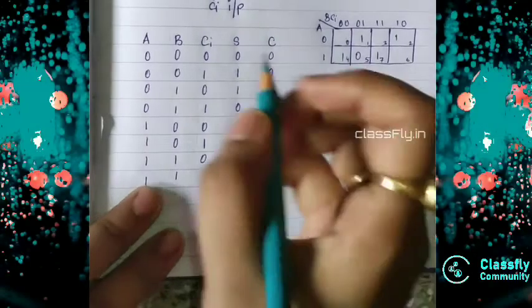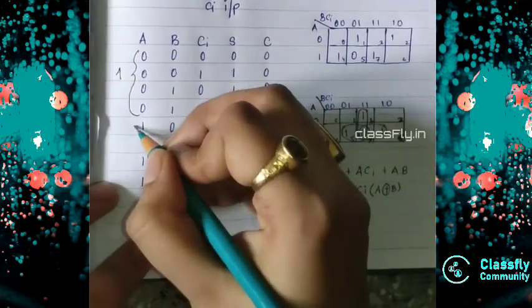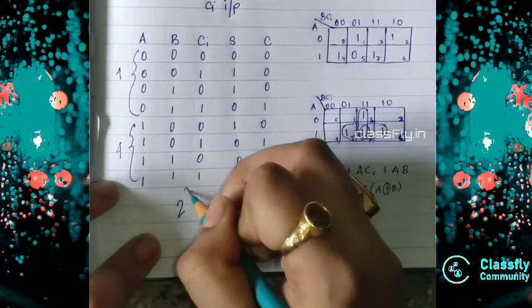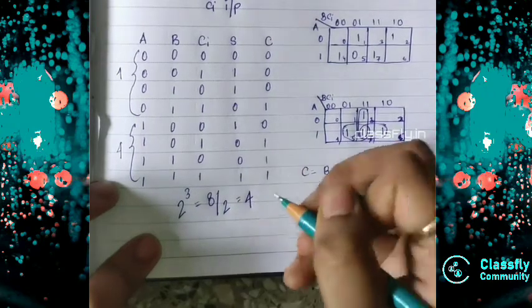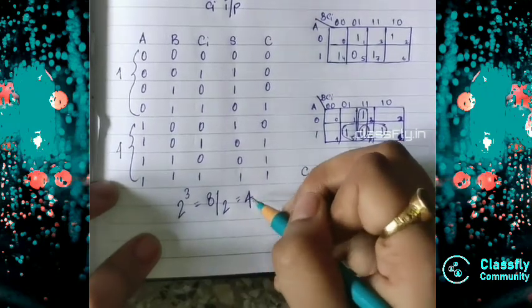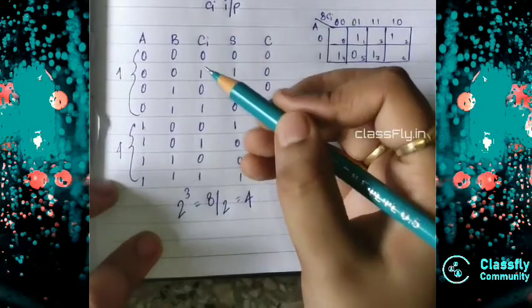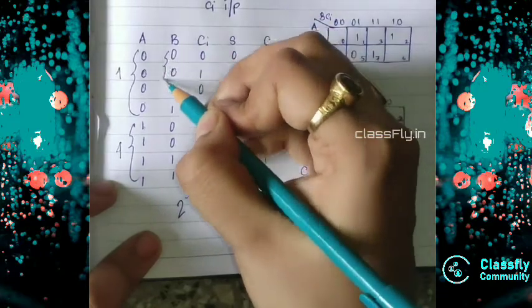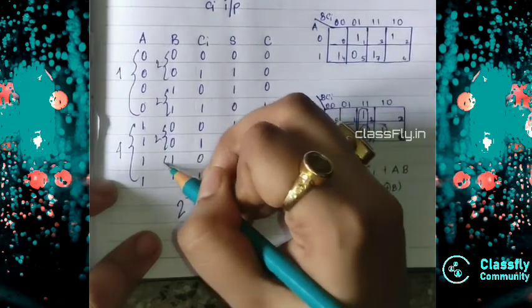As we are taking 3 variables here, our first column will have 4 zeros first and then 4 ones. Why are we doing this? Because we know 2 to the power 3 is 8, and whenever we divide it by 2 we get 4. So in the first column we get 4 zeros and 4 ones. In the second column we divide by 2, which gives 2 zeros and 2 ones, and again 2 zeros and 2 ones.